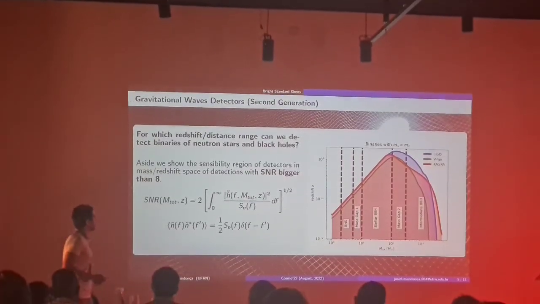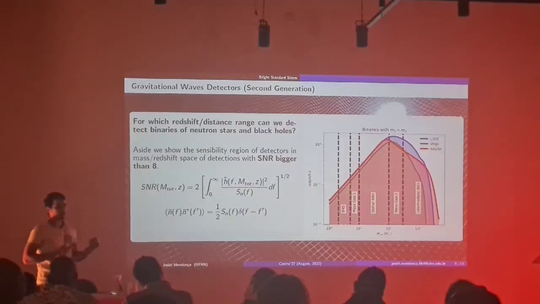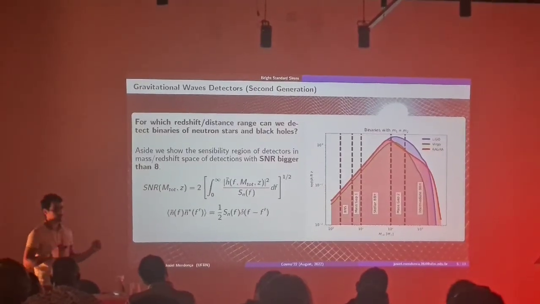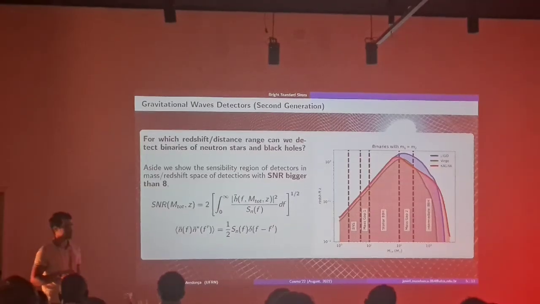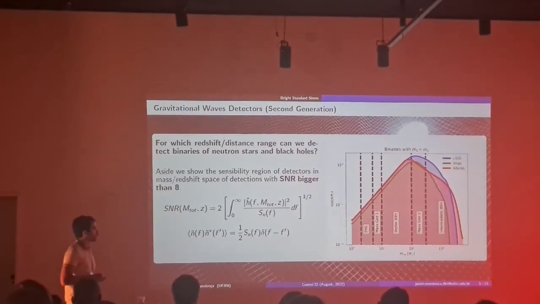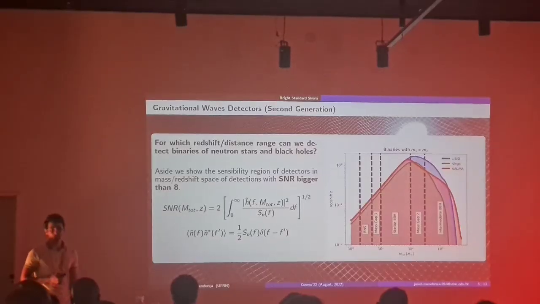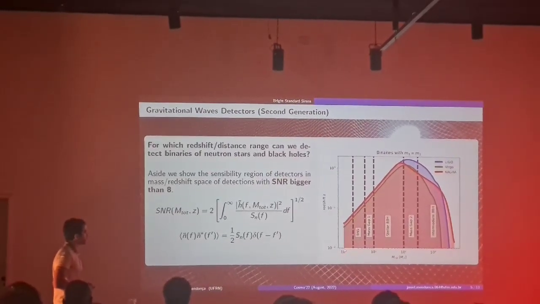In this plot, I show the relationship between the redshift range of the source and the total mass of the source. If a source is inside the shaded curve, we can detect it. So we have our range for binary neutron star systems with the current detectors in this range of masses.